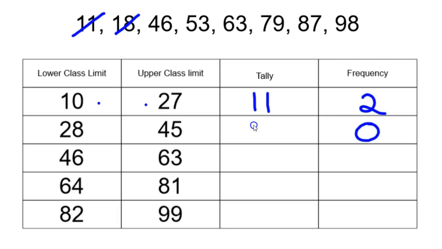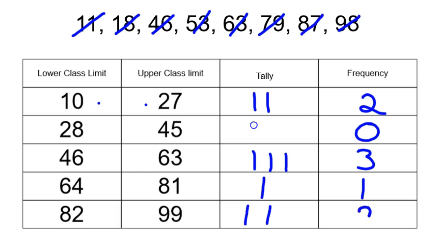From 46 to 63, we have 3. I'll mark all 3 of those off. From 64 to 81, we have just the 79, so we have 1 of those. And from 82 to 99, we have 2 tallies. And there is our frequency distribution.